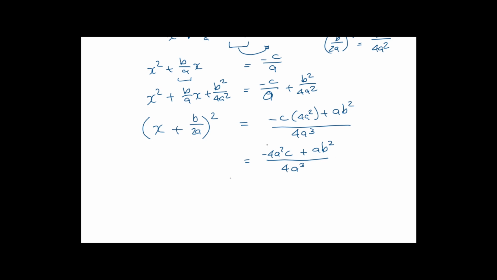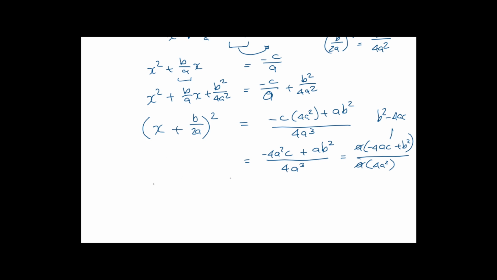And we can factor out an a on the top here. So we get an a times minus 4ac plus b squared. And we can factor out an a on the bottom if you really wanted to, 4a squared, and they're going to cancel. And if you notice, if we rearrange this, we get our familiar b squared minus 4ac.